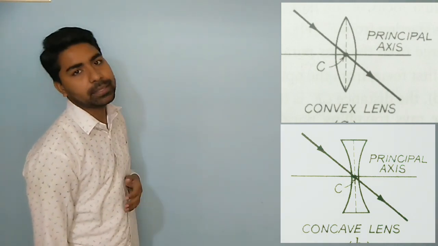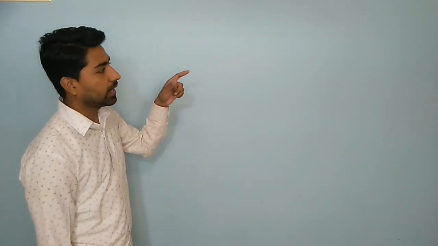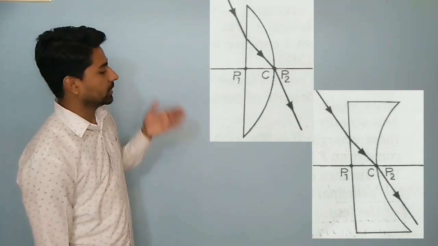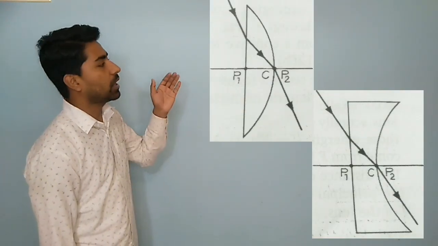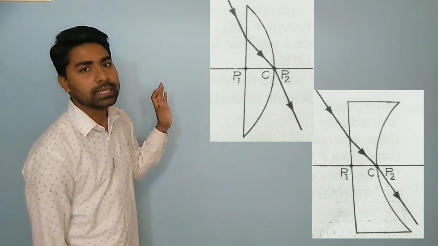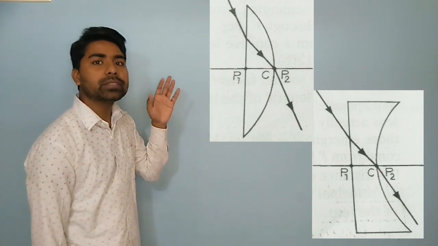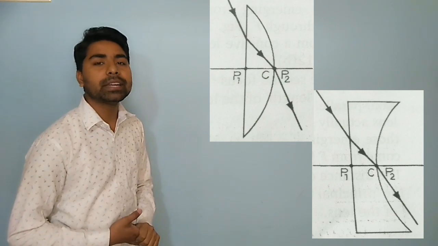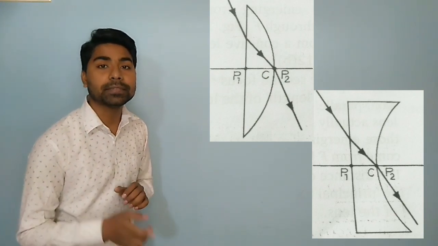And see again, for the plano-convex and the plano-concave, you can see the optical center is not at the same place. So in the plano-convex or plano-concave, the optical center will lie on the spherical surface. Remember this.